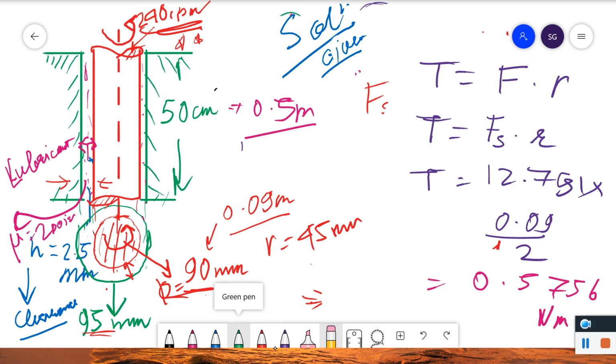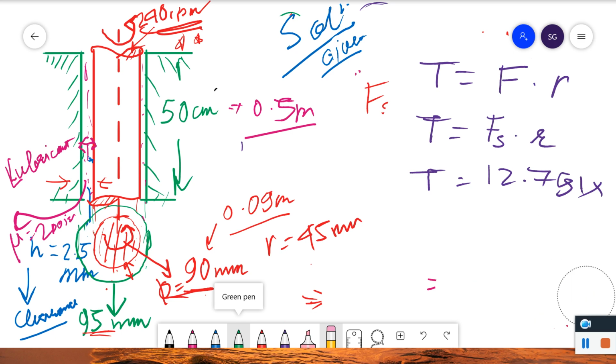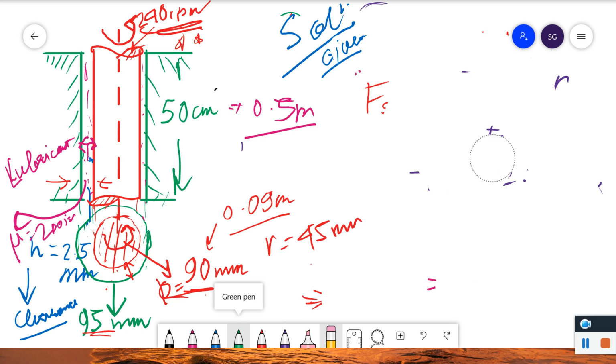And now our power required is power, which is nothing but force into velocity. Remember this formula only, that's it.